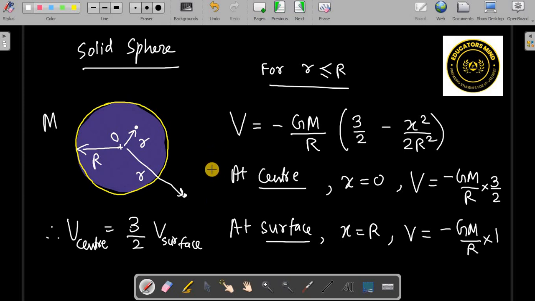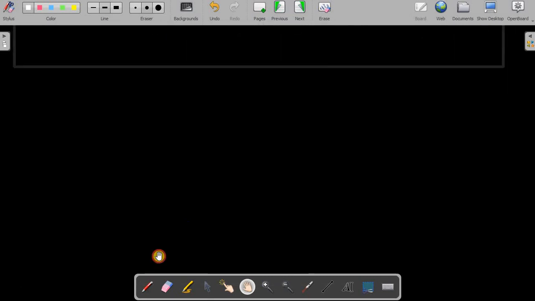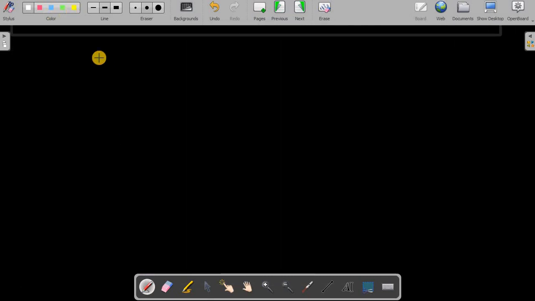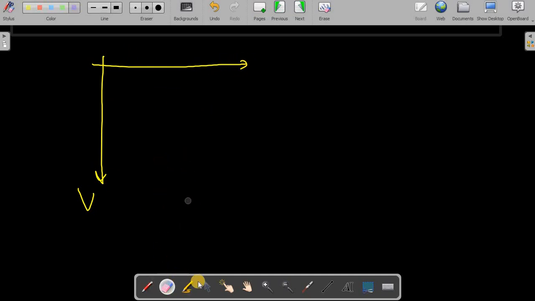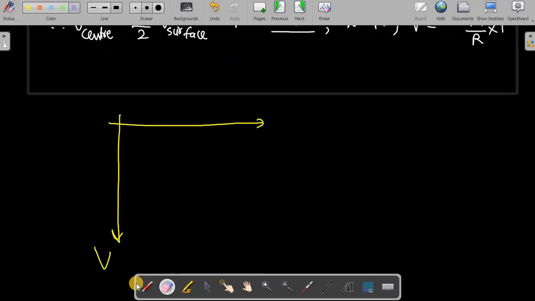So if you see the graph, again you can see the graph of the magnitude. Most textbooks may give the negative direction of that. You may draw that diagram by taking it as negative, or you may draw the magnitude, it doesn't matter. Let us say I draw this as the negative potential. Of course potential is going to be negative because this is the negative direction we are choosing, isn't it?